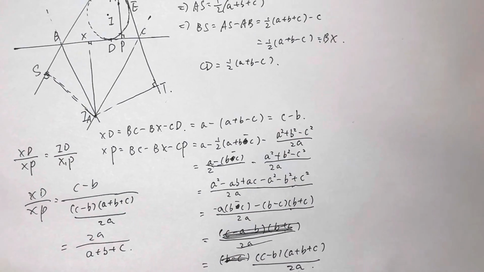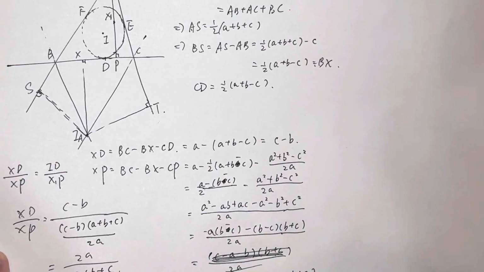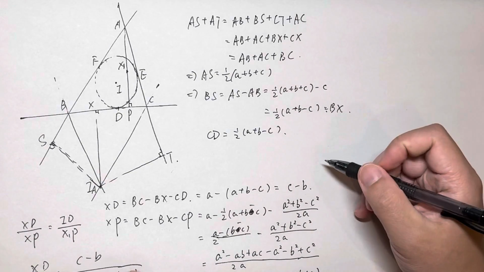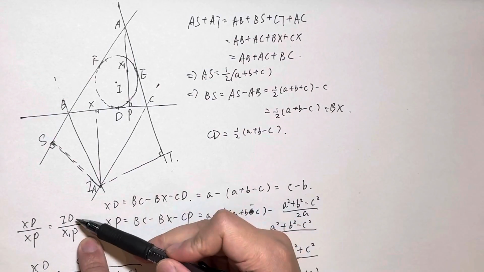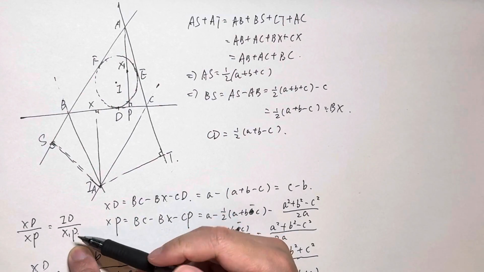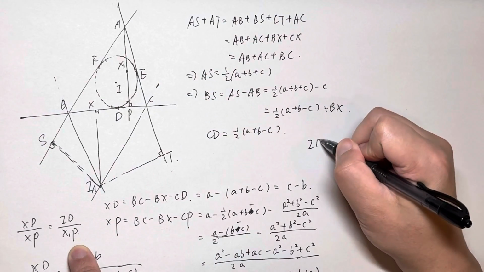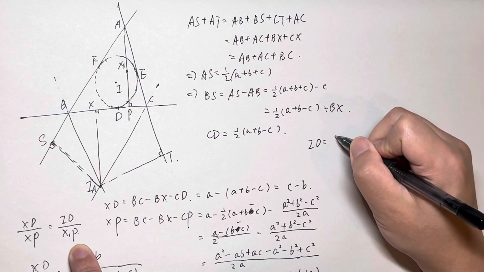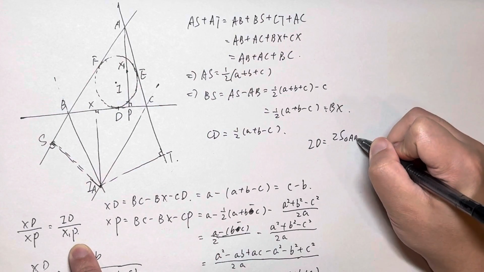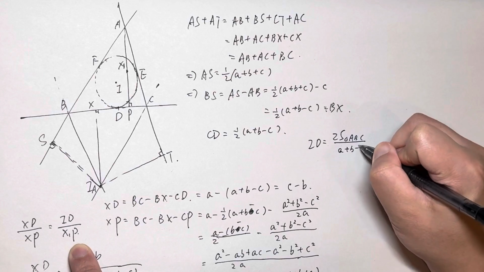Now we want to prove the ratio ID to X1P. ID equals twice the area of triangle ABC divided by a plus b plus c.